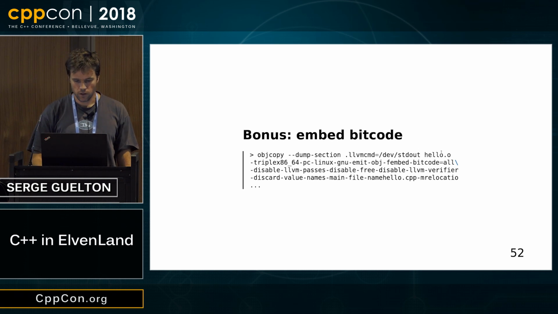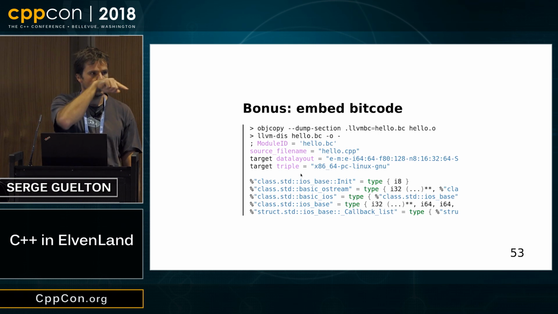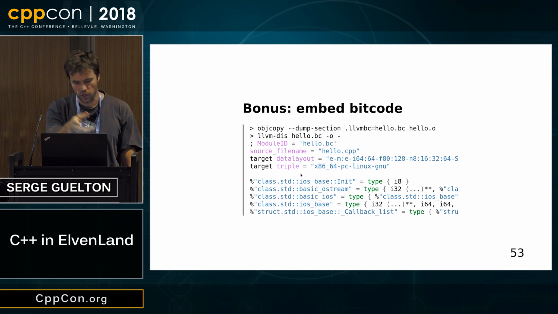What it prints is the command line that has been used in Clang to generate this bitcode. And if I dump the section with the LLVM bitcode into a file, then I can disassemble it and I get back all the LLVM-IR. So it's okay to find the way back to how it's done by Clang. And it's actually pretty simple, but it can give you a hint.